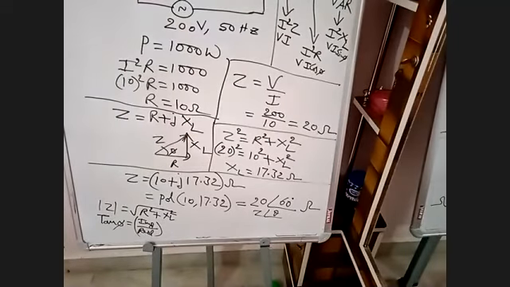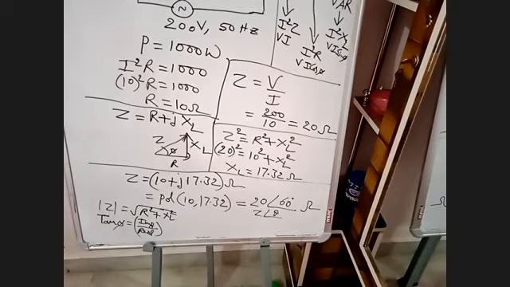Magnitude is square root of a square plus b square. Here a is R, XL is b. Square root of real part square plus imaginary part square. What is tan phi? Imaginary part by real part. If you do this, we will get the same thing. Z value we will get 20, phi value we will get 60.